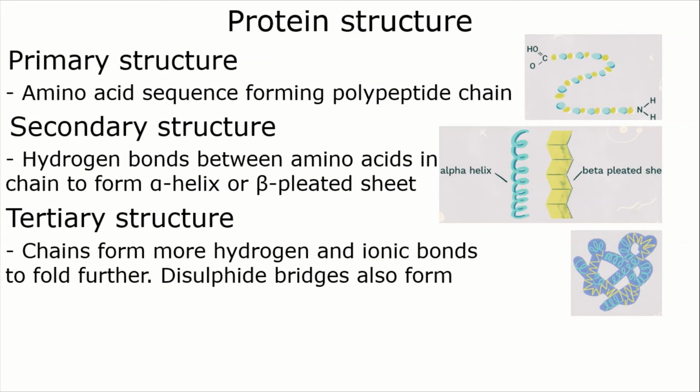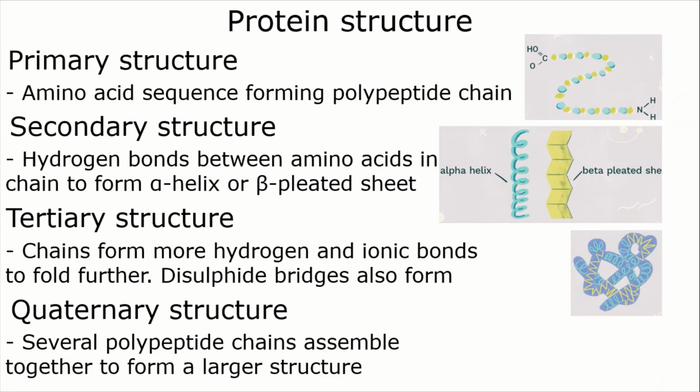So we can see on the image on the right, we've got this further folded chain that contains both alpha helices and beta pleated sheets, and these two structures can be found within the same polypeptide chain. So it depends on the amino acids that are present as to what they form, and to how long they are as well. And the final level of structure is the protein's quaternary structure.